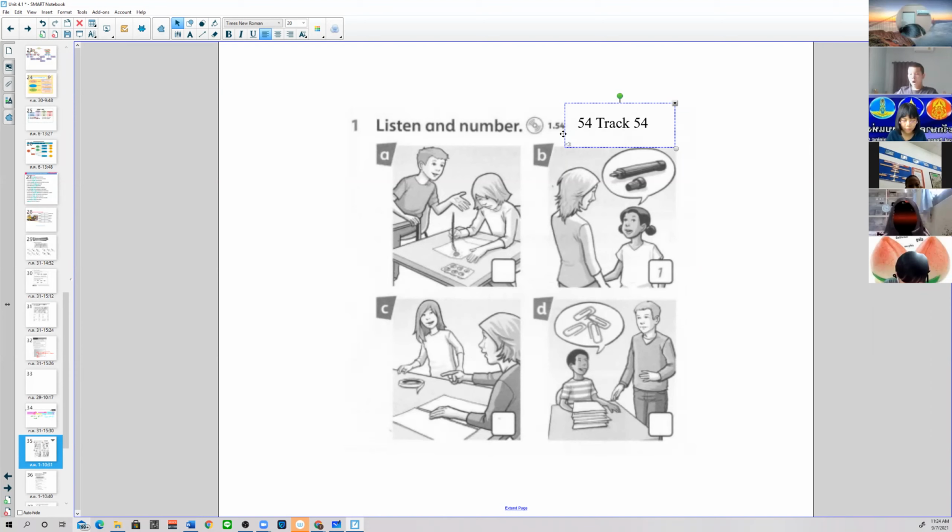Miss Allen. Yes? Can I have a black pen, please? Sorry, I haven't got one. Number 2. Alison. Yes. Can you pass me the tape, please? Yes. Here you are. Number 3.